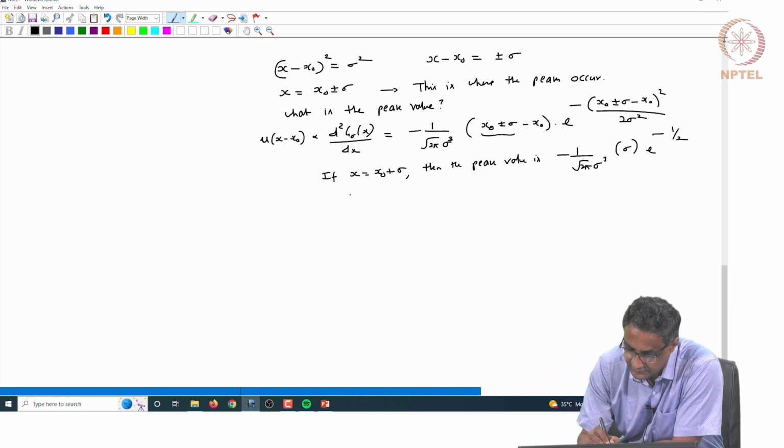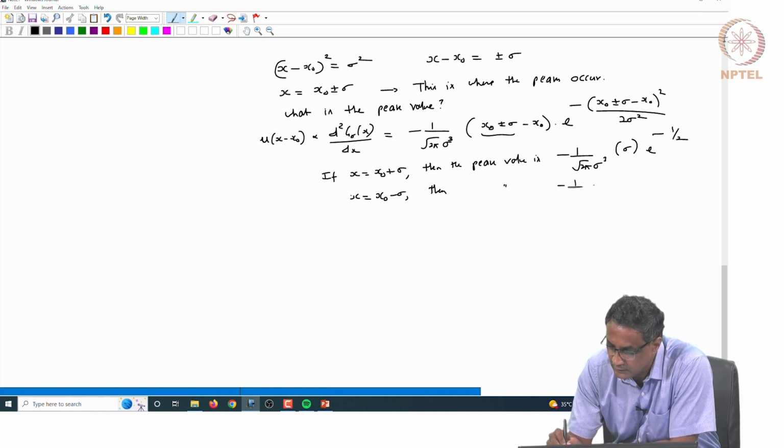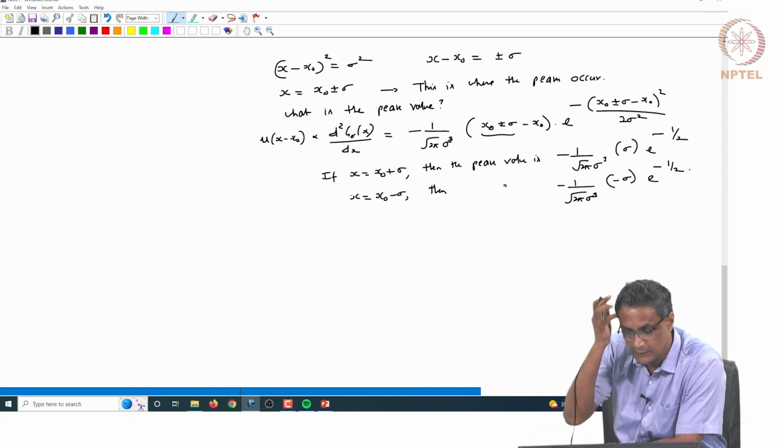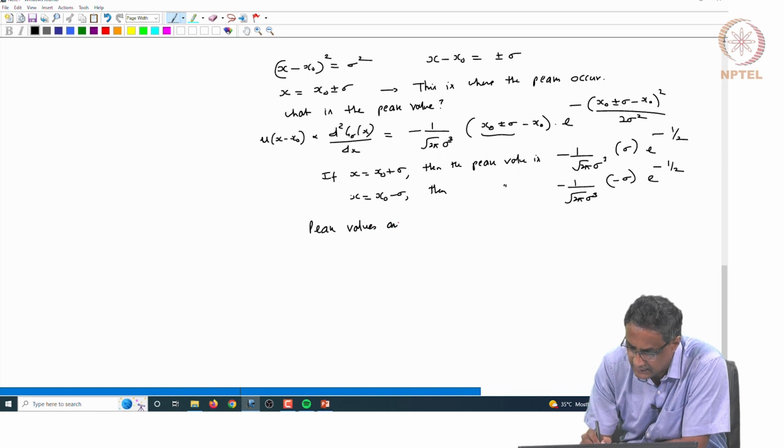Okay, and if x is x naught minus sigma, then the peak value is minus 1 by root 2 pi sigma cube, and then you get minus sigma here. This of course remains minus 1 by 2. So the peak values are, not where they occur, of course, where we know the peak values are.